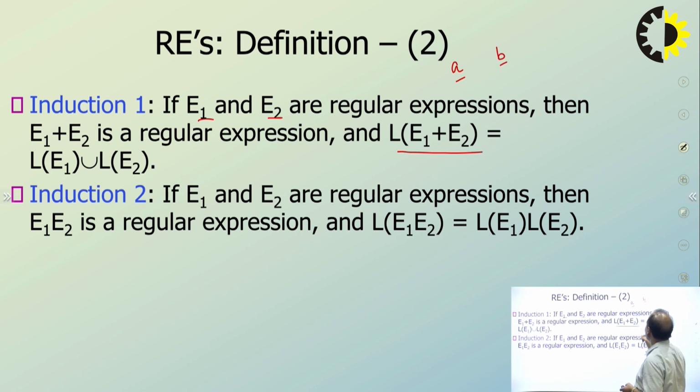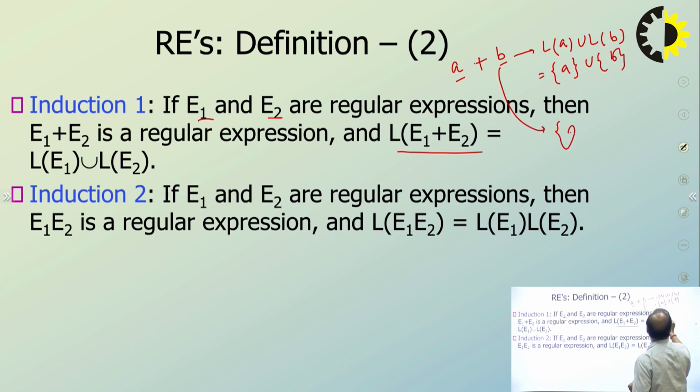So induction 1 says that if a is a regular expression and b is a regular expression, then definitely a plus b will be a regular expression. What is its corresponding language? L(a) union L(b). L(a) is {a} and L(b) is {b}. So this regular expression is representing {a, b}.